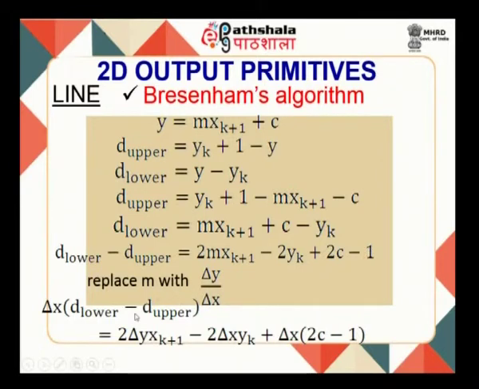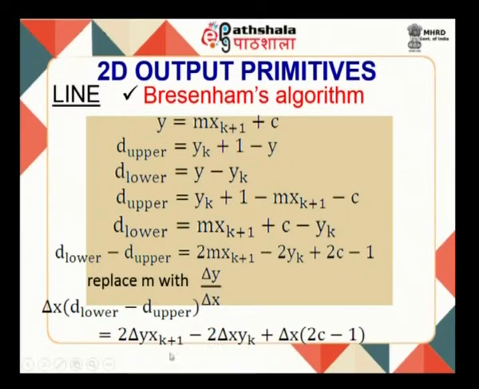So, if you look at this step, this delta x is multiplied onto the left with delta x into d lower minus d upper, and is equal to, you multiply delta y with the rest of the term 2m into xk plus 1, that is 2 xk plus 1 into delta y, minus this delta x is to be multiplied on this side also, delta x is to be multiplied on either side. So, 2 delta y xk plus 1 minus 2 delta x into yk plus delta x into 2 c minus 1.